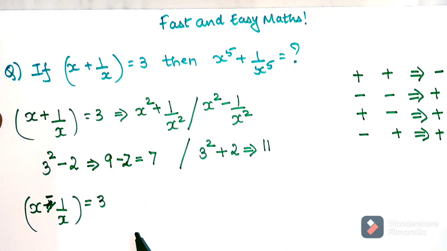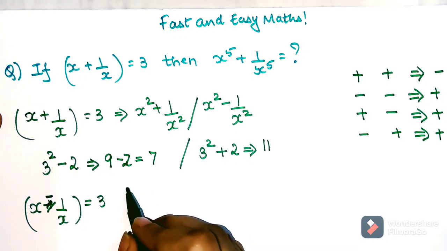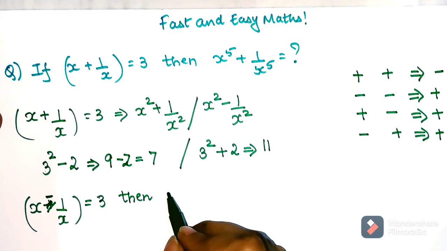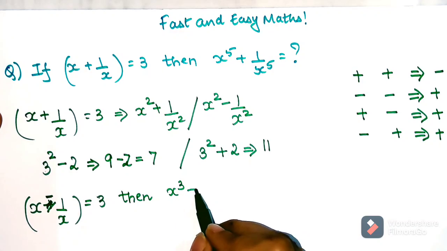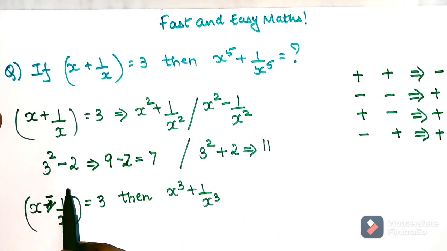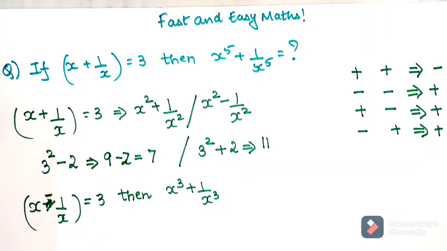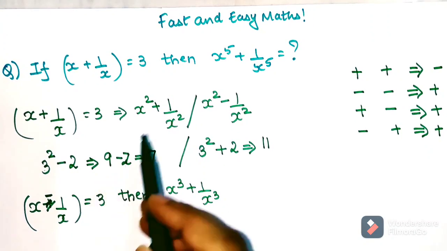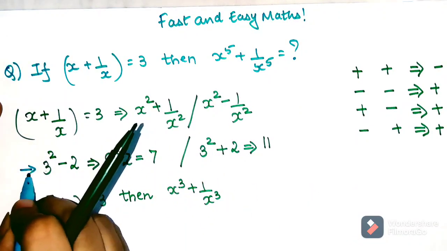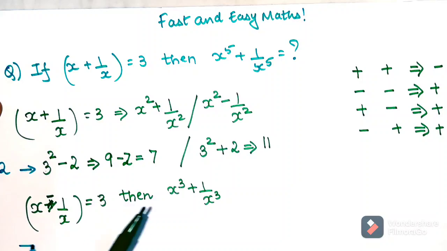And if they were asking us x cube plus 1 upon x cube, then the trick over here, so please understand, there is a different trick for every power, okay? So here we had a different trick for the power of 2. Now this trick I'm going to show you for the power of 3.